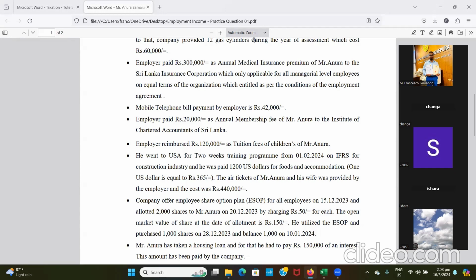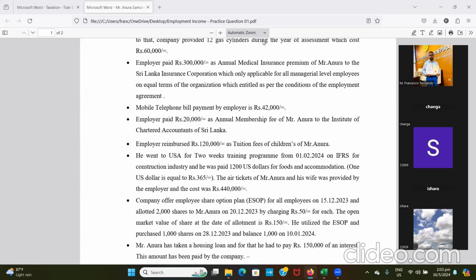Employer paid 300,000 as annual medical insurance premium of Mr. Anura to the Sri Lanka Insurance Corporation, which is only applicable for all managerial level employees on equal terms of the organization, which is entitled as per the condition of the employment agreement.